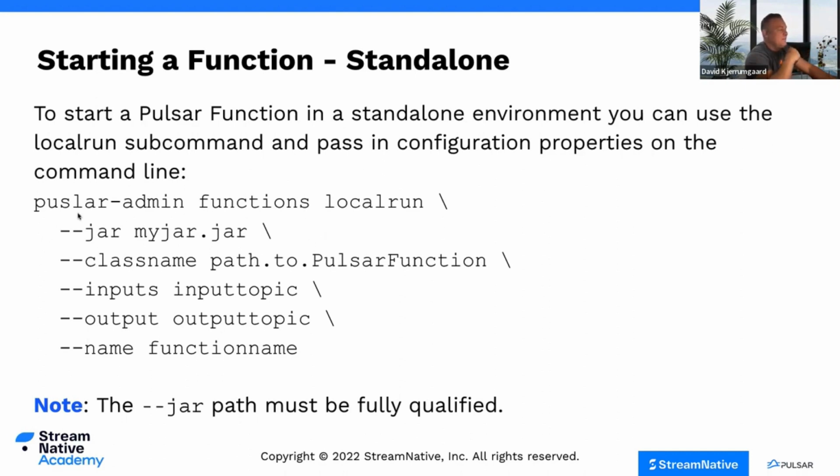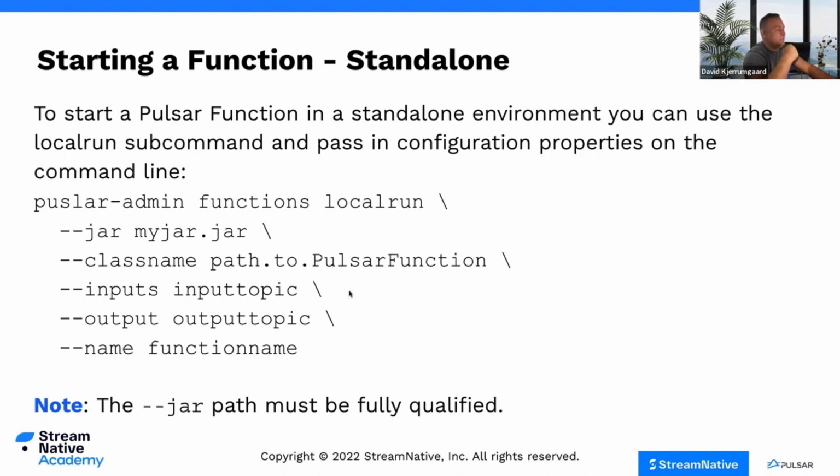You have to specify where your artifact is and give it the fully qualified name. For Java, it's obviously --jar. For Python, it's --py, and for Go, it's --go. So that tells us which artifact it is. You have to give it the fully qualified class name of the main class, the function to execute, so it knows what class to instantiate internally and spin up and run.